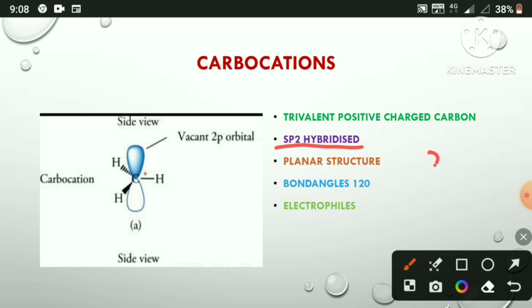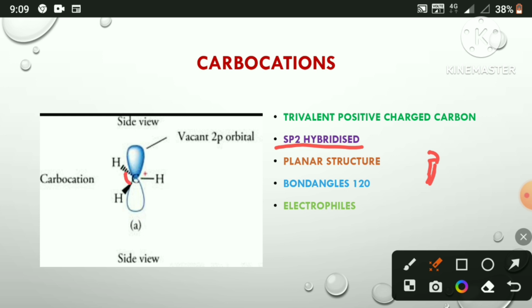So with 3 bond pairs, the possible hybridization is sp2 hybridization. sp2 hybridization leads to planar structure. So all the carbocations, except some carbocations, have planar structure.